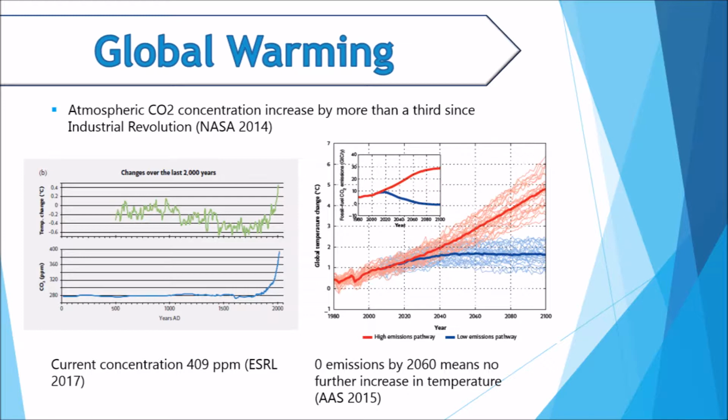The current concentration in our atmosphere is 409 parts per million. It is predicted that if we can reduce our global carbon emissions to zero by around the year 2060, the global temperature should not increase anymore, but remain steady.